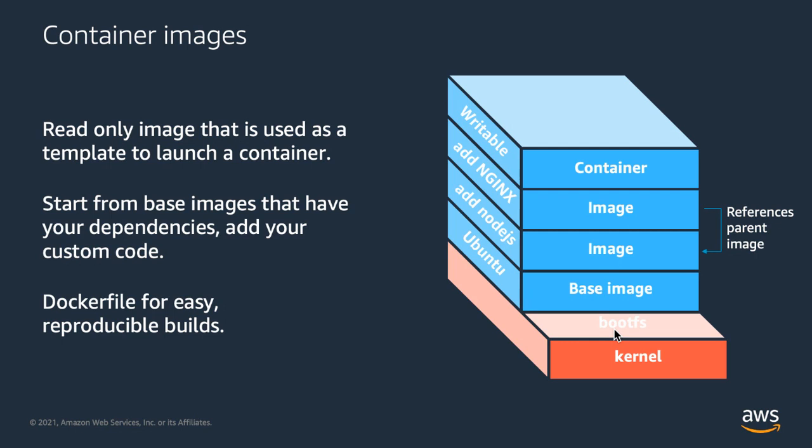It has a readable, writable layer on top of it. If you see over here, the writable layer, and a bunch of read-only layers after that. So you can update these images and make changes to them, and you can make new container images, right?